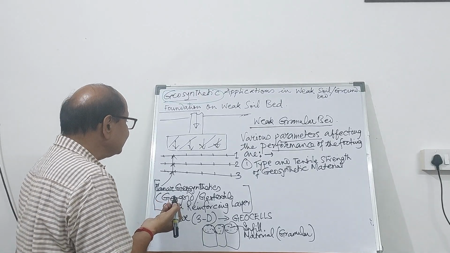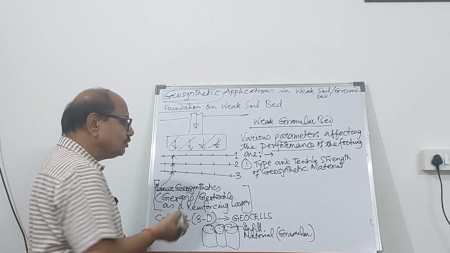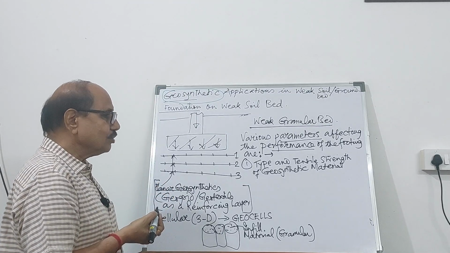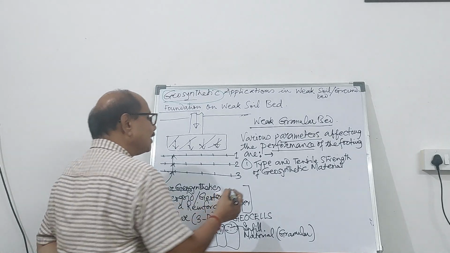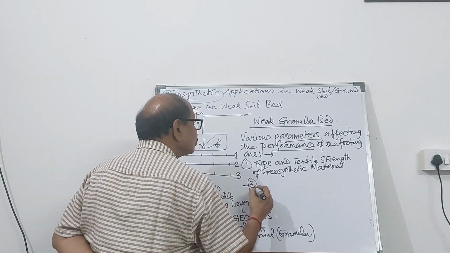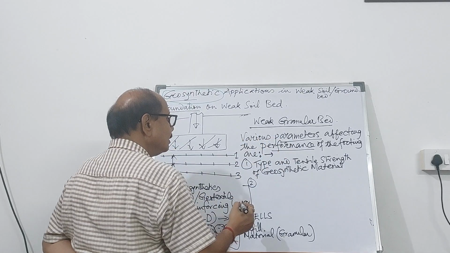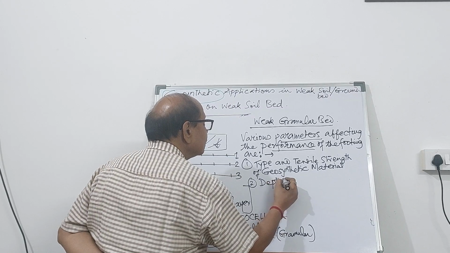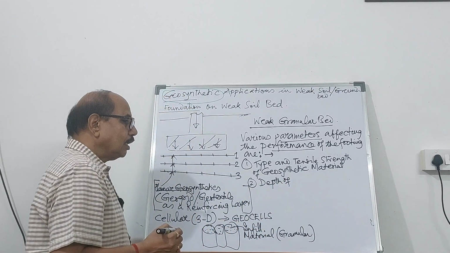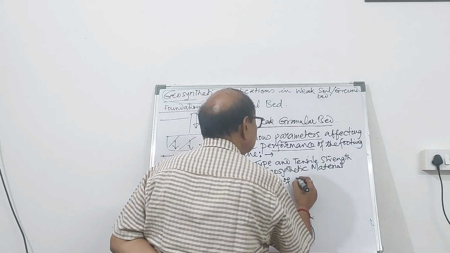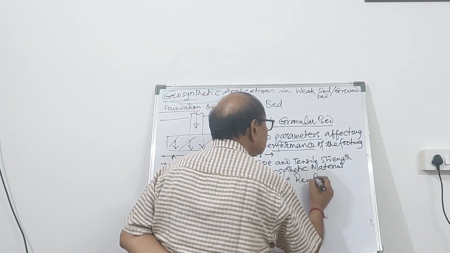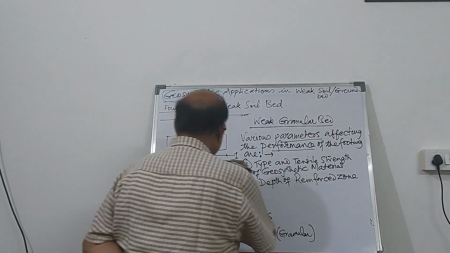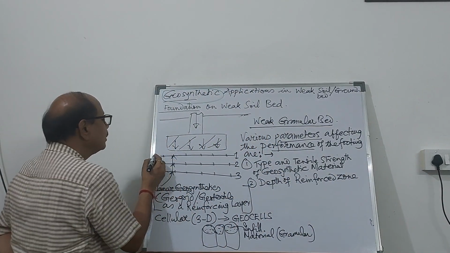Then what is important is the depth of this reinforcing layer, or depth of reinforced zone. So the second important parameter is the depth of reinforced zone. What is the depth of reinforced zone in this figure?